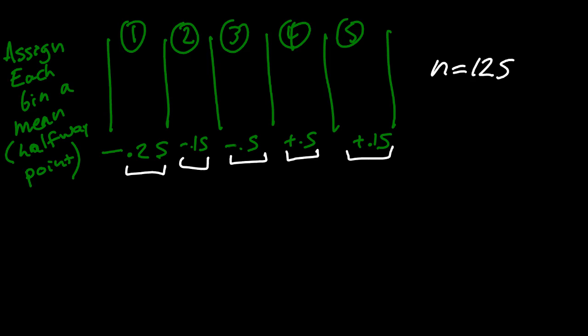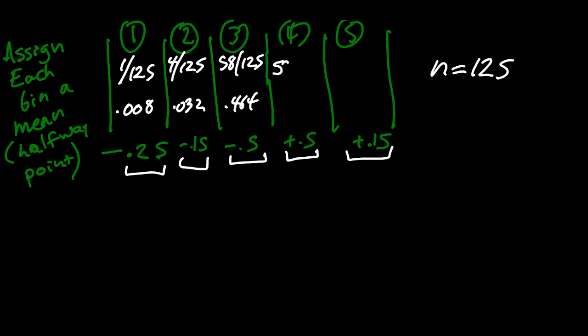So 1 divided by 125 is about 0.008. 4 divided by 125 is about 0.032. 58 divided by 125 is about 0.464. 59 over 125 is about 0.472. And 3 over 125 is about 0.024.